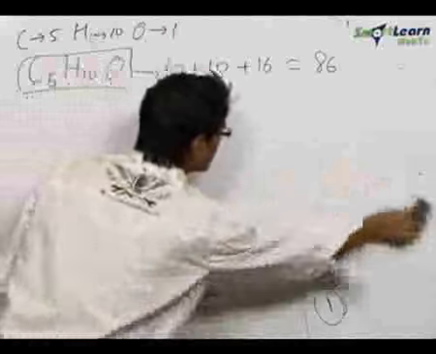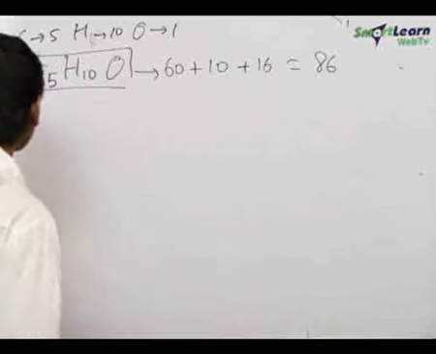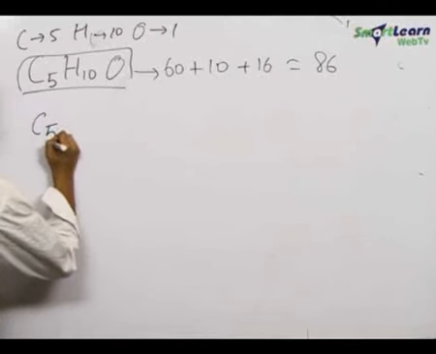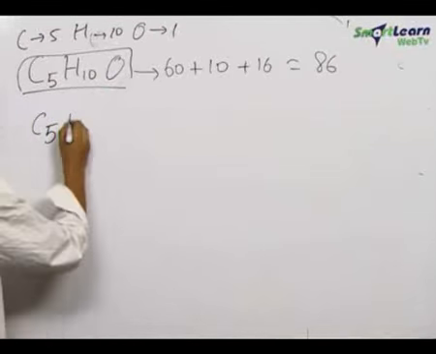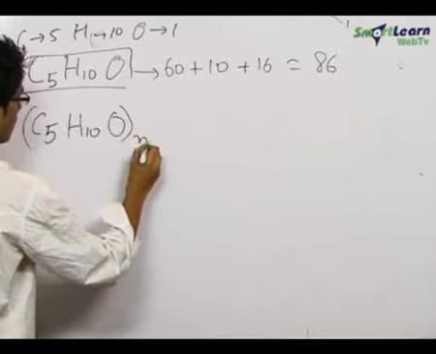And we are given that the molecular mass of the given compound is also 86. This is the empirical formula of the compound, so the molecular formula can be written as C5H10O whole into n.